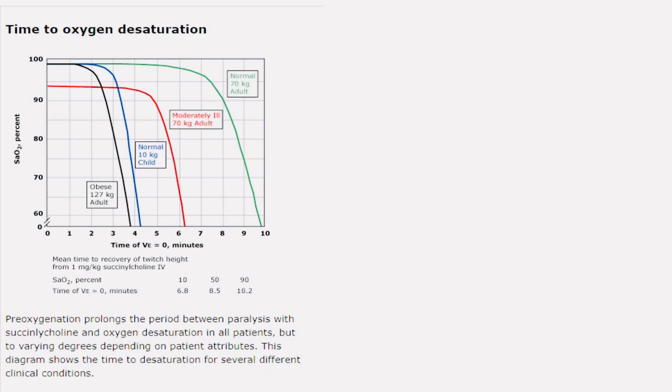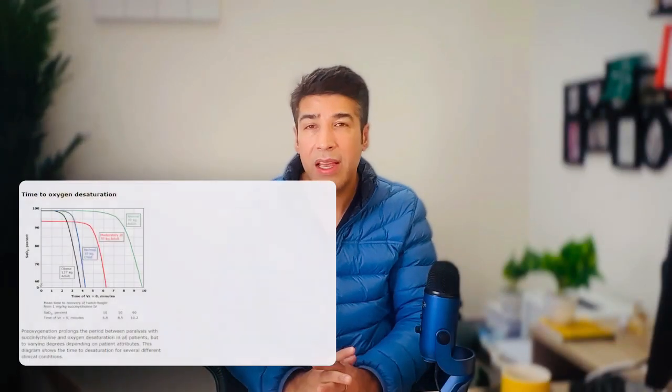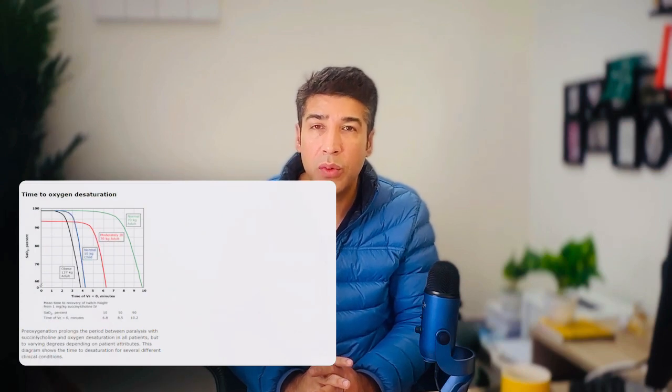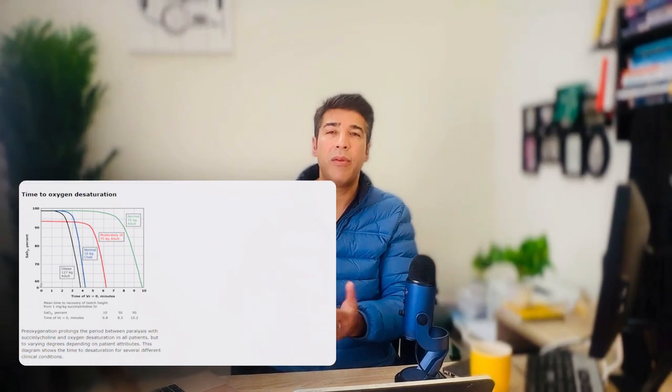For pediatric patients, obese patients, and pregnant patients, the safe apnea time will vary up to 3 to 4 minutes. For critically ill patients, it will be more or less.